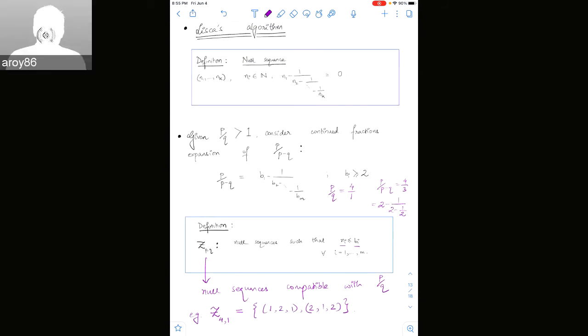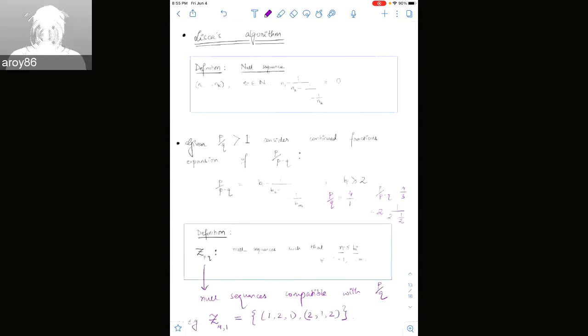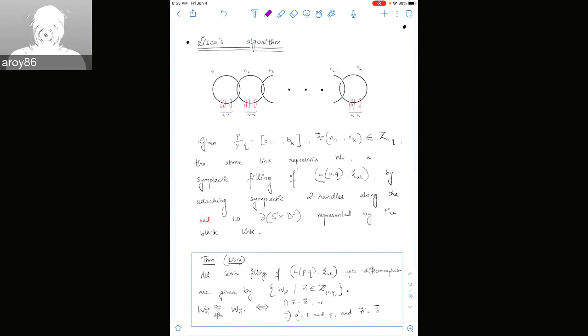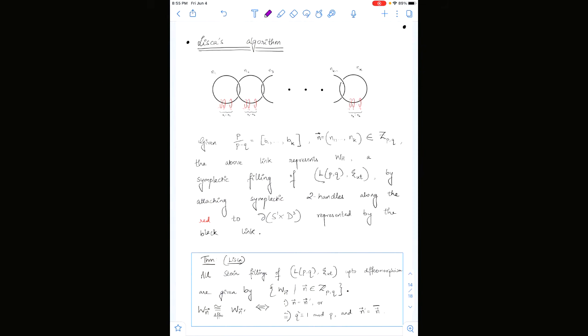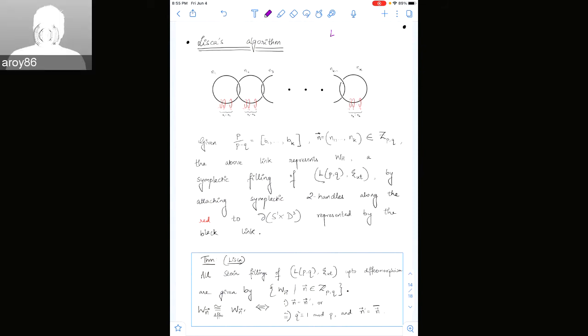Given that, we can now describe the fillings of universally tight L(P,Q)s according to the following algorithm. Suppose you're given L(P,Q) with the universally tight contact structure on it and you want to understand its fillings.